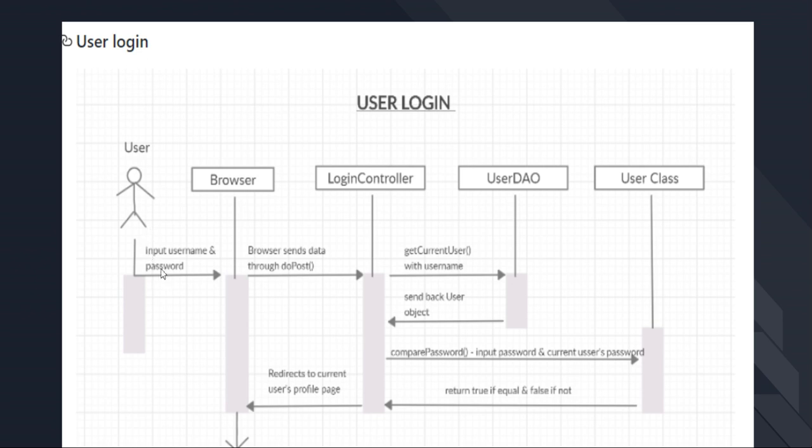Once the user inputs his username and password to the browser, the browser sends the data to the login controller, which then instantiates the user DAO and retrieves the user with this data from the browser. It retrieves the user from the database, returns it to the login controller, which then returns it to the browser and then ends the process.